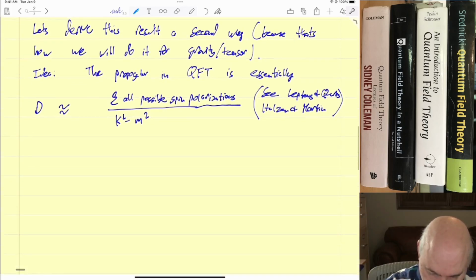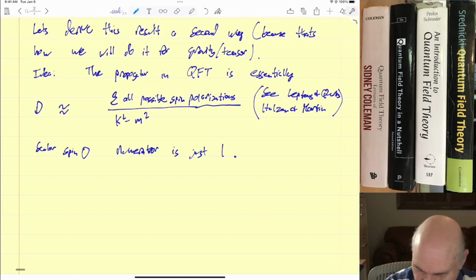Now, for scalar, spin 0, the numerator is just 1. You know, there is no spin, so it's just 1. It's only one possibility.